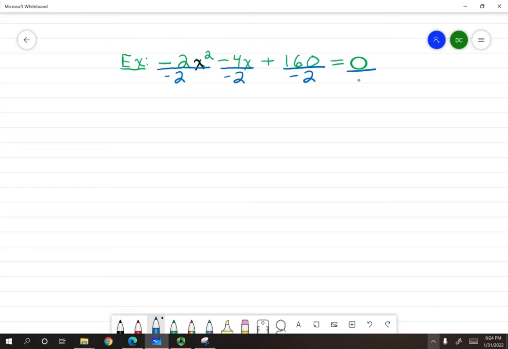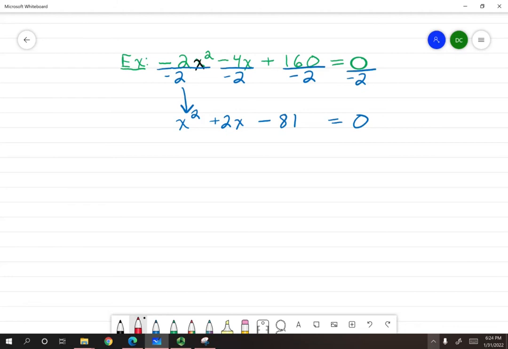That is the only way that this x squared term will have a coefficient of just plain old 1. So what I have is x squared plus 2x minus 80. That's equal to 0.